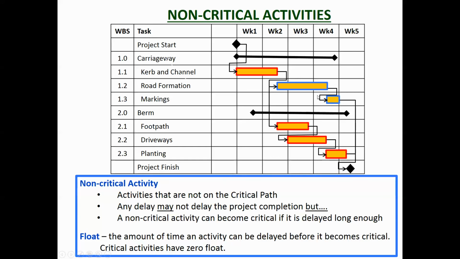So it's useful knowing float and critical activities, because if this item here is starting to run behind time, you might decide to divert resources from this non-critical activity into the critical activity to try to bring it back on time, which would mean that this one's going to run a little bit over time, but if it is only half a week, then you're still going to finish the project on time. So sometimes knowing what the non-critical and critical activities are is quite important to be able to manage your resources to try to bring the project in on time.